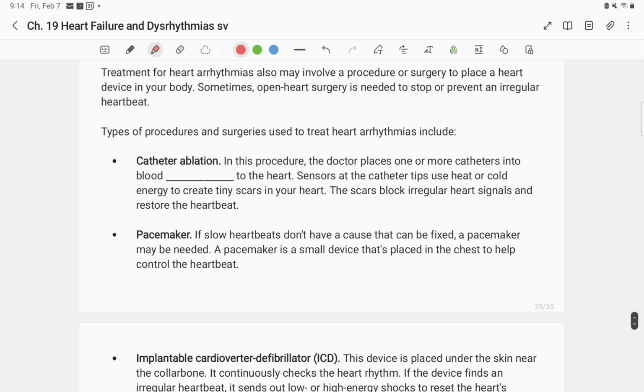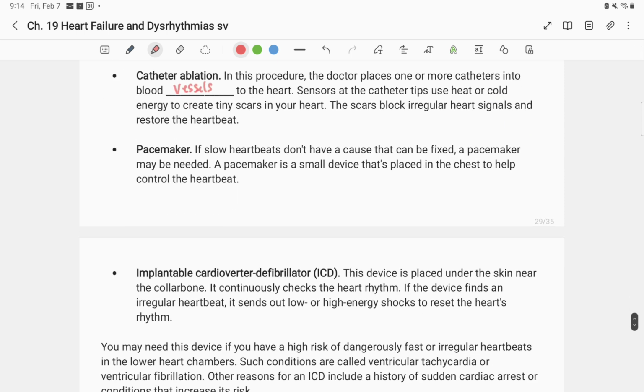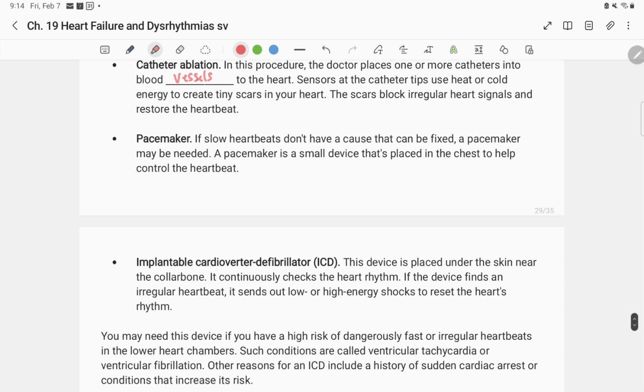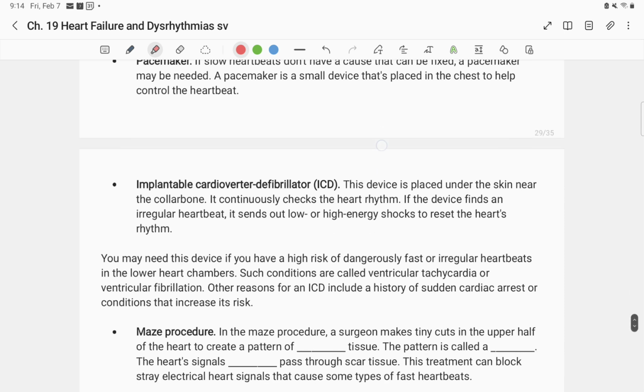Okay, with a catheter ablation, the catheters are put into a blood vessel to the heart, and a pacemaker allows a pretty consistent electrical tick to make that SA node behave properly.